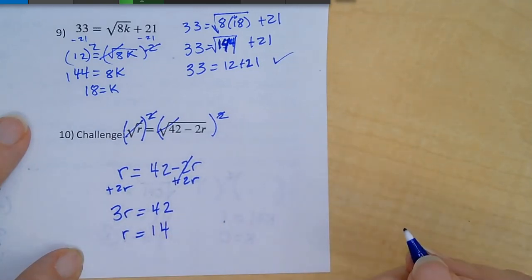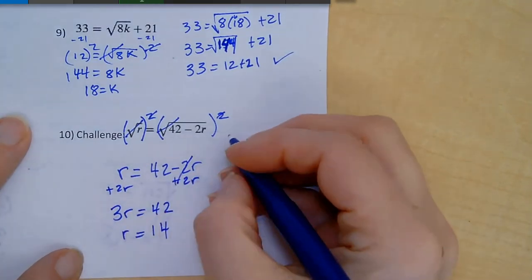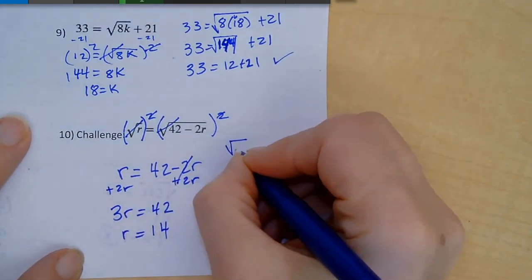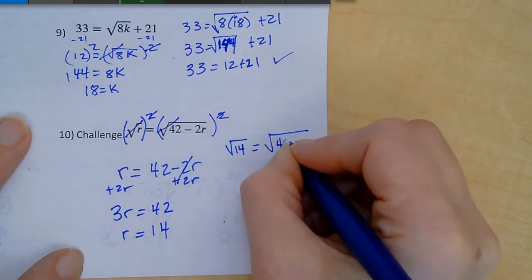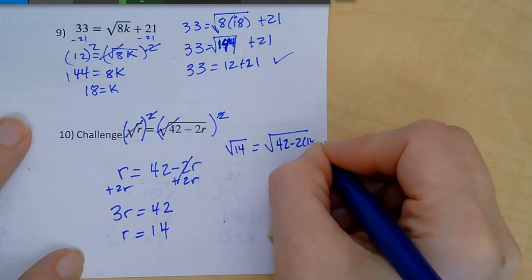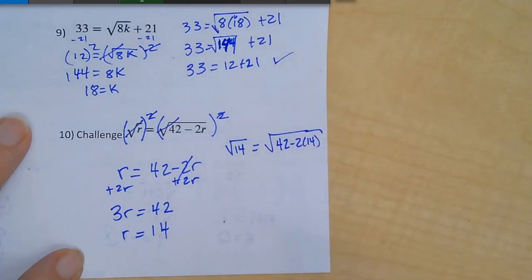Well, let's just see if this makes any sense. Okay, if I plug it back in, I'm going to get the square root of 14 equals the square root of 42 minus 2 times 14.